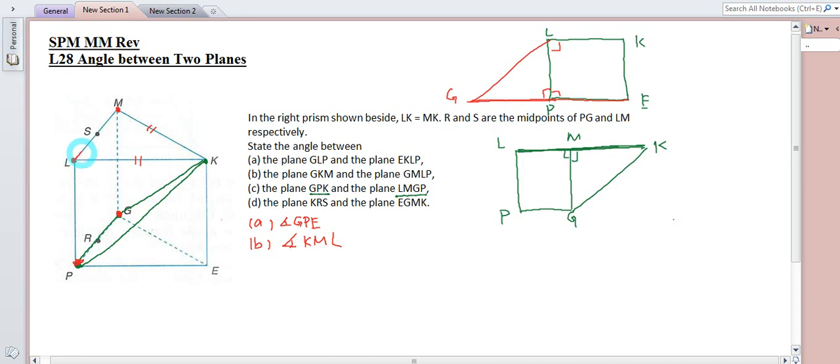So from here you know GP is the line of intersection, right? So to determine the angle between these two planes, draw the line of intersection first, GP. Now we have another plane GMLP, which is over here.